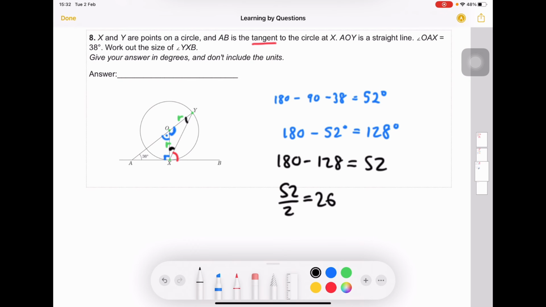So each of these angles will be 26 degrees. And here we have a right angle. So 90 take away 26 will give us the value of the angle YXB. So that is 64 degrees.